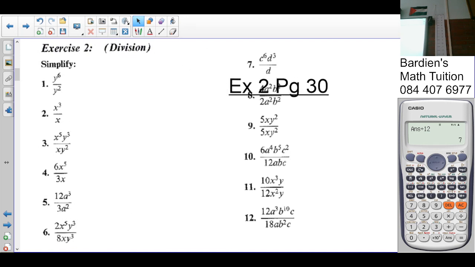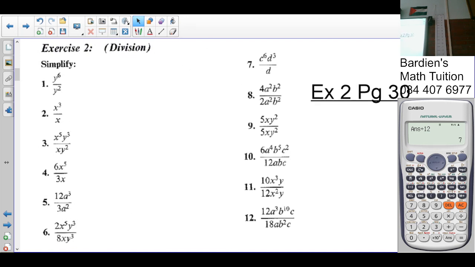People, this exercise 2 on page 30. When we're dividing and bases are the same, subtract the exponents. So, is the base the same here? I am writing to the side because of space. You don't write to the side, okay? This is going to be y to the 6 minus 2, which is y to the 4. The next one is the one on the x.